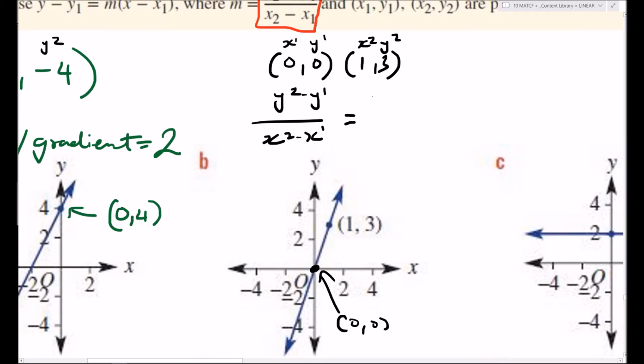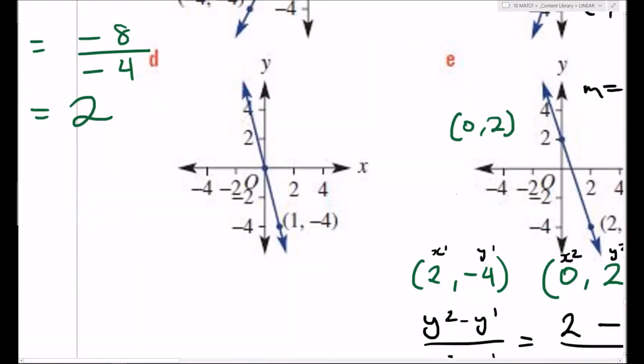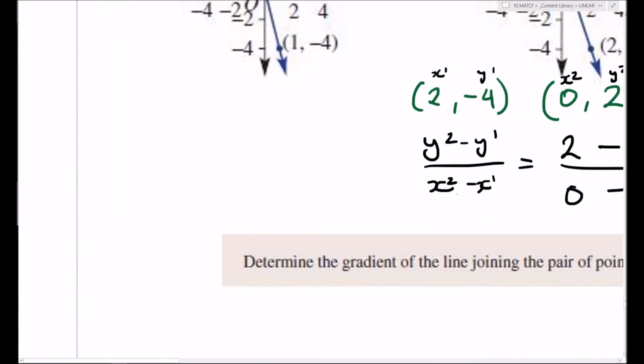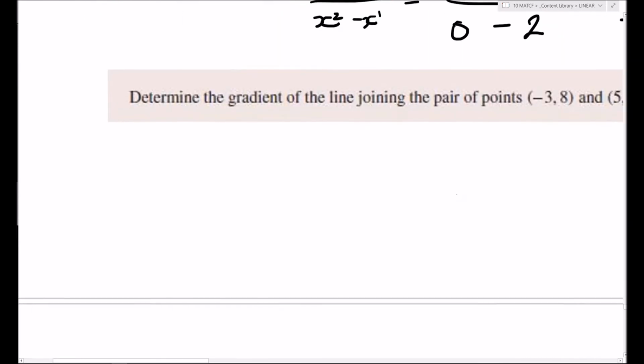So this is going to be 3, take away y1, which is 0, over 1, take away 0. I'll just go underneath, you are left with 3 over 1, therefore the gradient is equal to, when you simplify that, 3. Okay, and it's the same principle for this one here as well. All right, let's move on.